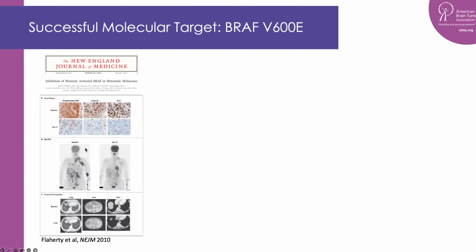And here you can see on the left, before treatment, this is a patient with metastatic melanoma, and all of these little dark spots on a PET scan are metastases of the melanoma to multiple organs, to the bones, to the skin. Terrible situation. And here's the patient on day 15 of treatment with this drug that targets that mutation, that basically inhibits the mutant enzyme. And you can see dramatic improvement.